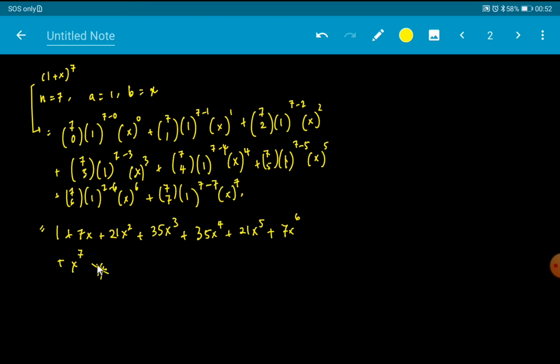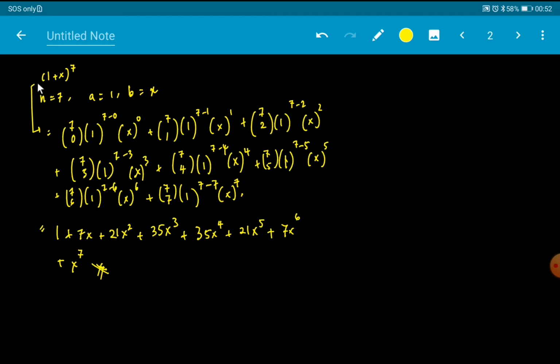So we have the expansion for (1 + x)^7: 1 plus 7x plus 21x^2 plus 35x^3 plus 35x^4 plus 21x^5 plus 7x^6 plus x^7. That is the expansion.